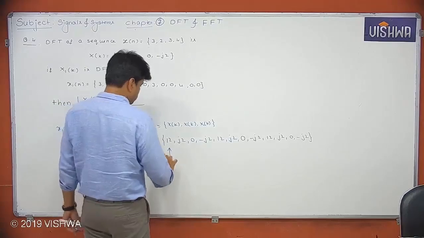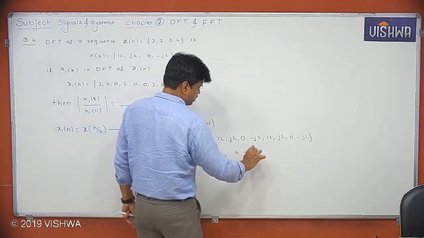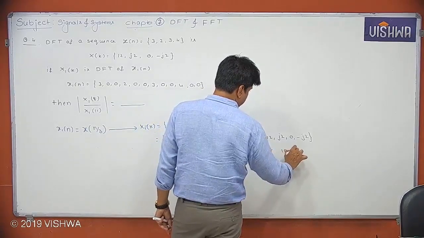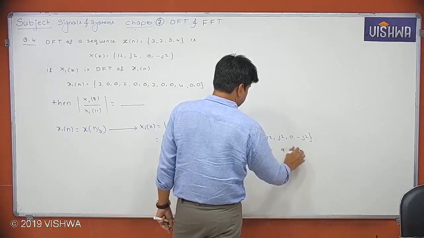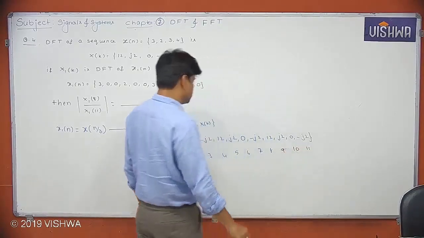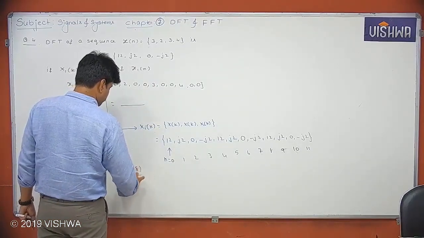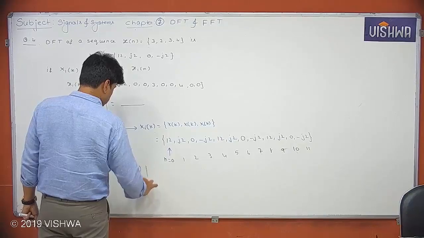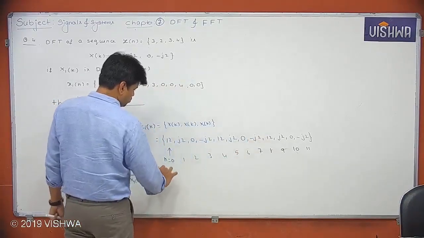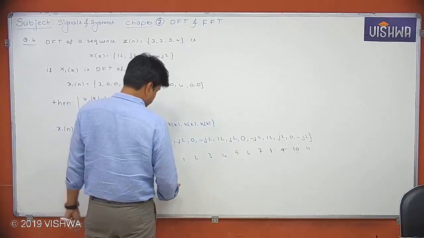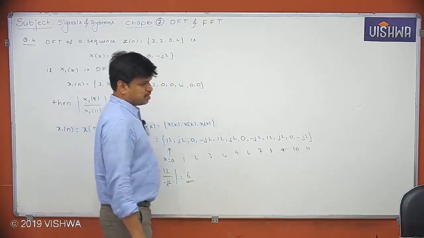Here n is equal to 0, 1, 2, up to 11. So what is the modulus of x1 of 8 by x1 of 11? x1 of 8 is nothing but 12, and x1 of 11 is minus j. So 6 is the answer.